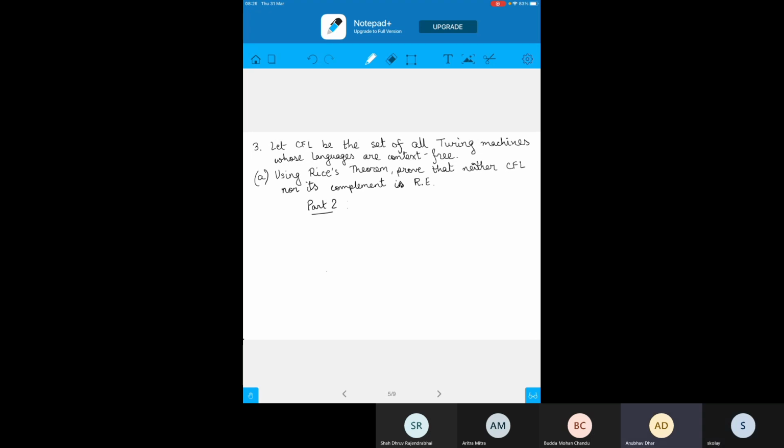Because if we consider the language a^n b^n c^n, then for the property that a language is context free, phi is a context free language, but a^n b^n c^n is not.